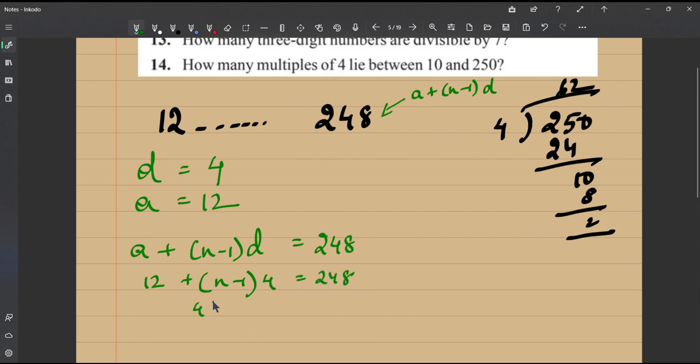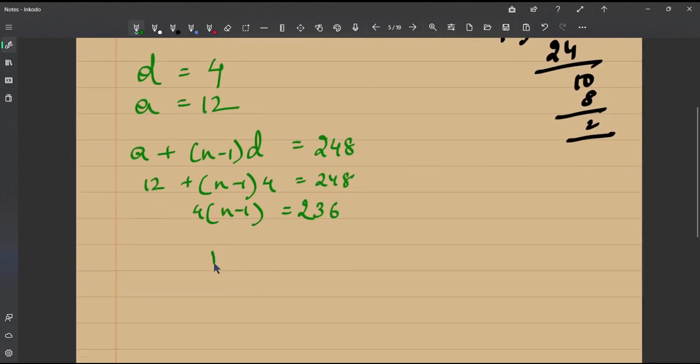You're just subtracting 12 from both sides. You get 248 minus 12, which is 236. So, n minus 1 is equal to, dividing both sides by 4, 59: 4 fives are 20, 4 nines are 36.